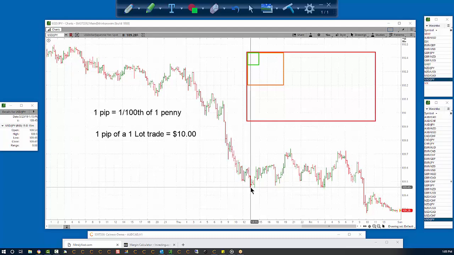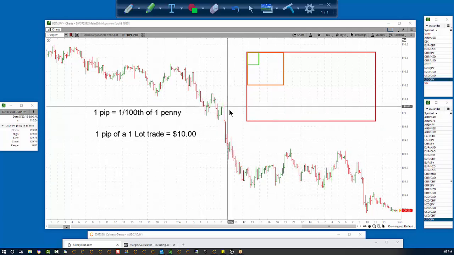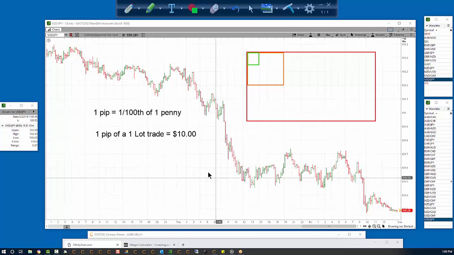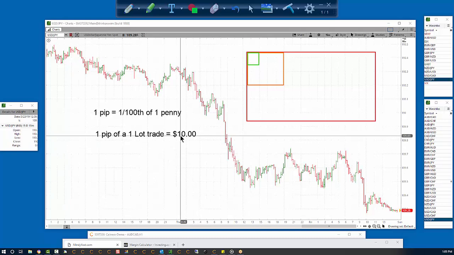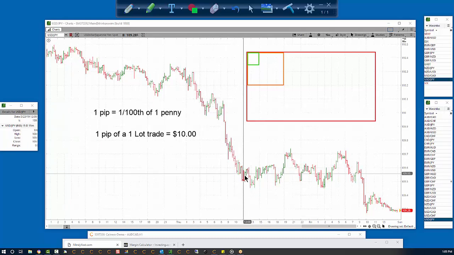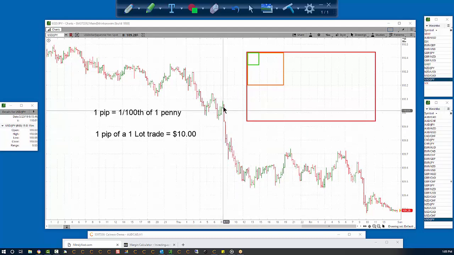Well, that would mean that I just made 65 plus 8 is 73 pips, right? Well, if I just made 73 pips and each pip is worth $10, I just made $780, right? That's how people make money in Forex. That'd be a great trade.